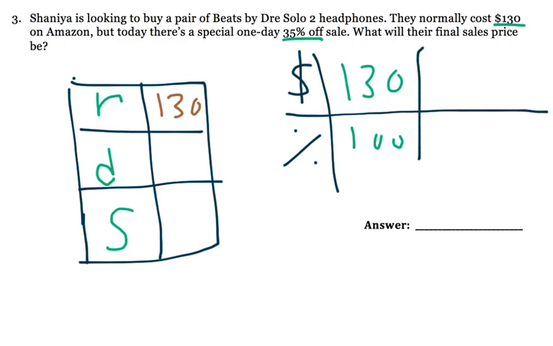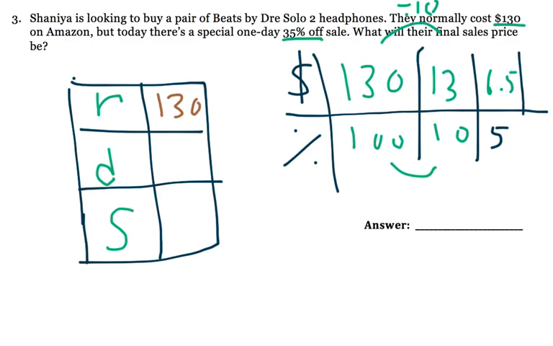To start off, we can divide 100 by 10 and get down to 10, and divide 130 by 10, and get down to 13. Next, we can divide this by 2, 10 by 2, and get to 5, and divide 13 by 2 and get to 6.5.